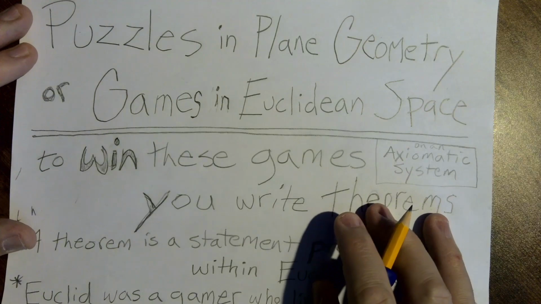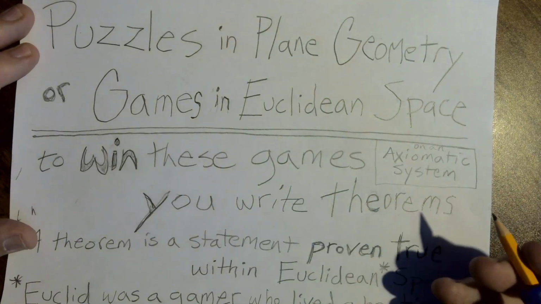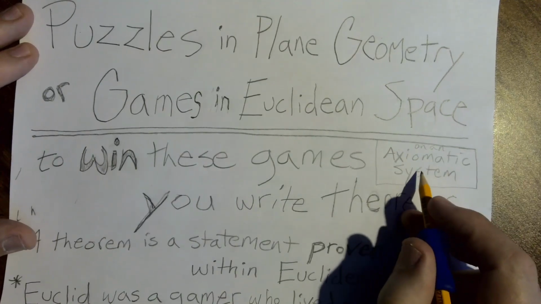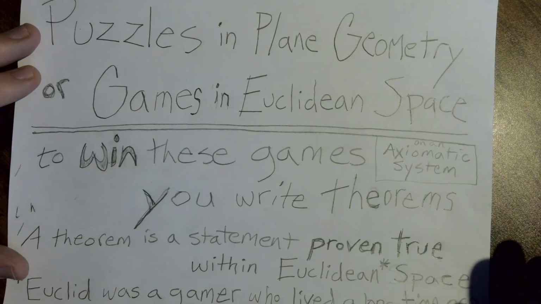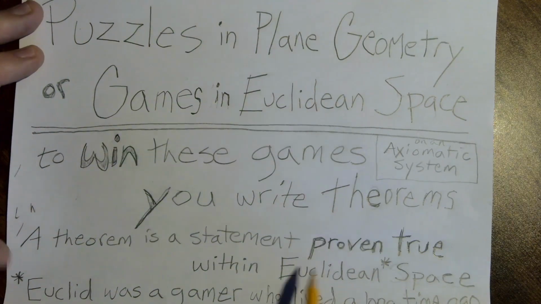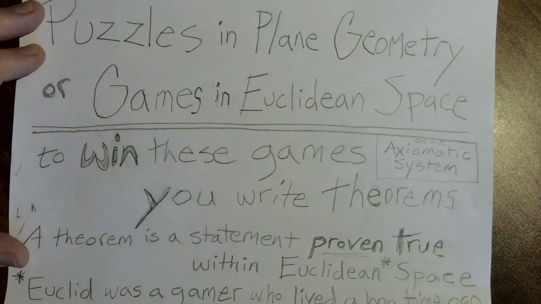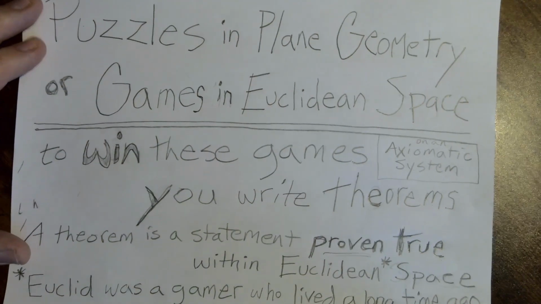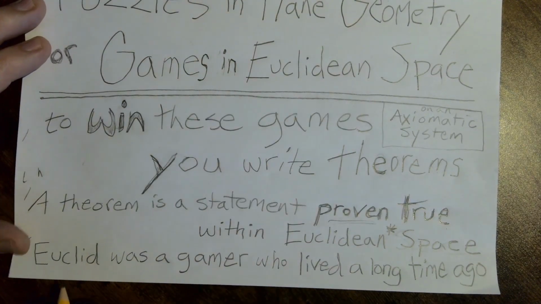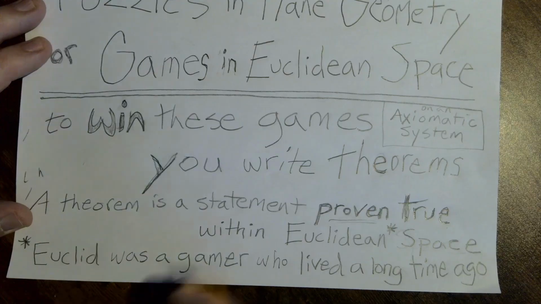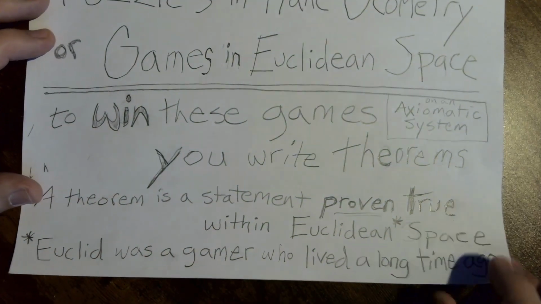To win these games on this axiomatic system, you write theorems. And a theorem is a statement proven true within Euclidean space. And Euclidean is an adjective that comes from this person's name, Euclid. And Euclid was a gamer who lived a long time ago.